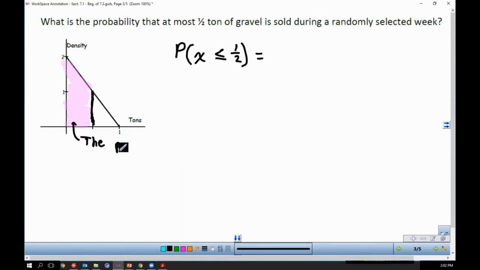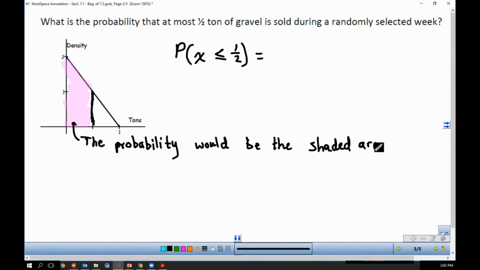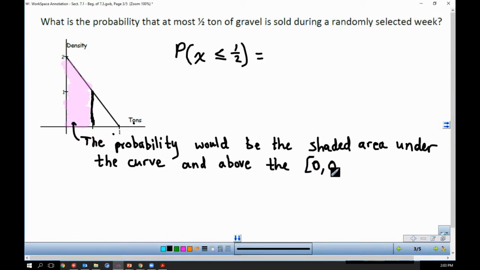So the probability would be the shaded area under the curve and above the 0 to 0.5 interval on the x-axis.